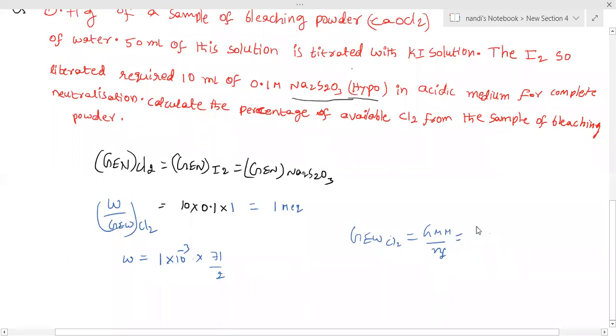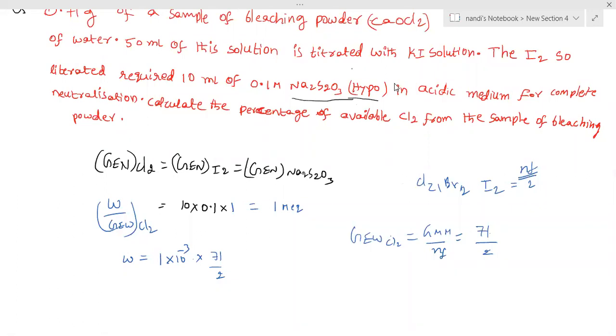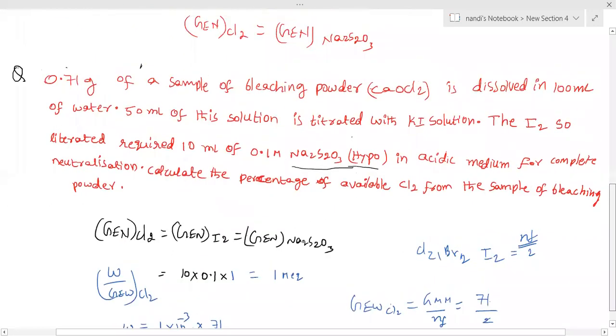Cl2: 71 by 2. Cl2, Br2, I2, all these n factors are 2. Any doubt? Answer is 10%.